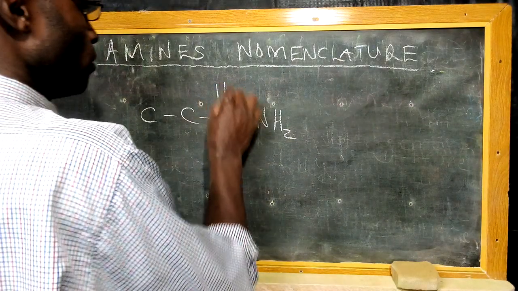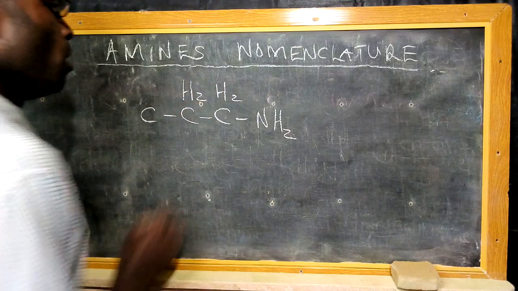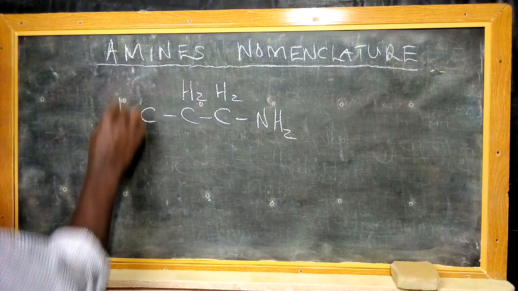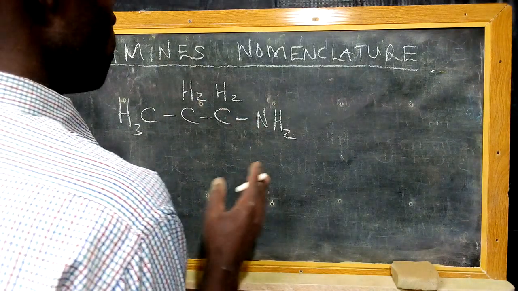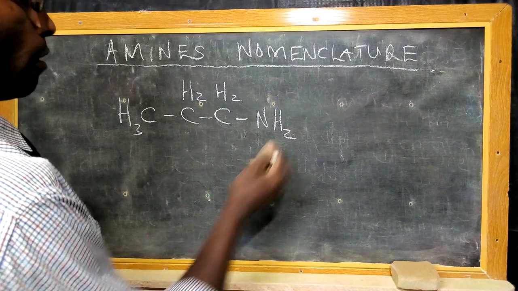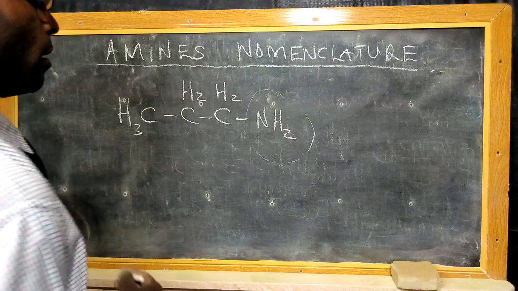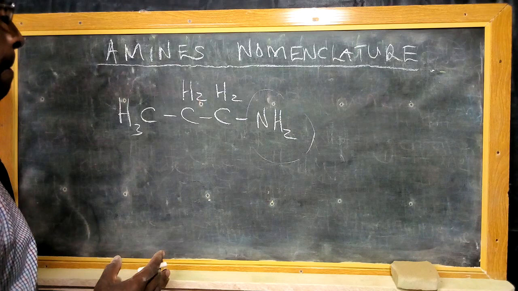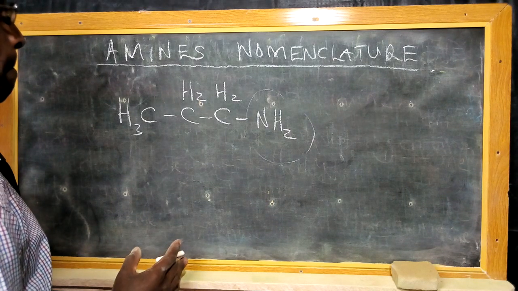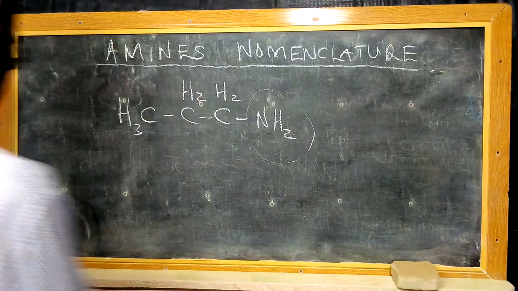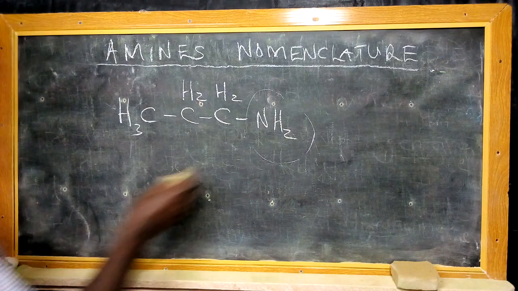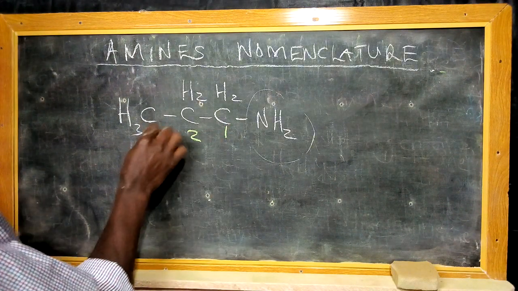This is H2, H2, and then we have H3. So in this case, of course this is a functional group, we count the number of the carbons in this particular compound, we will get carbon number 1, 2, 3.